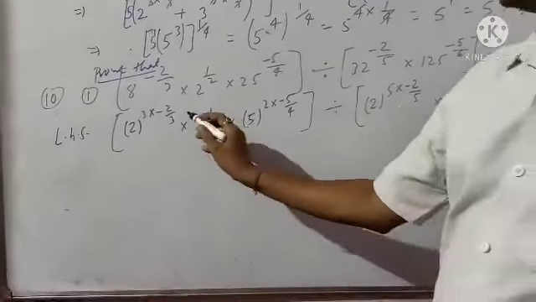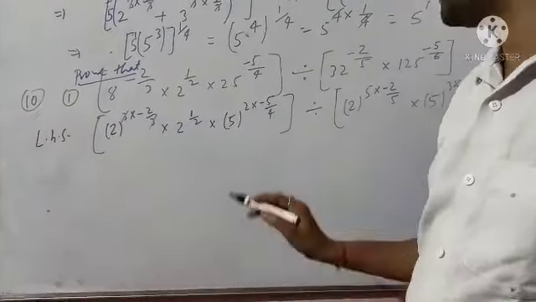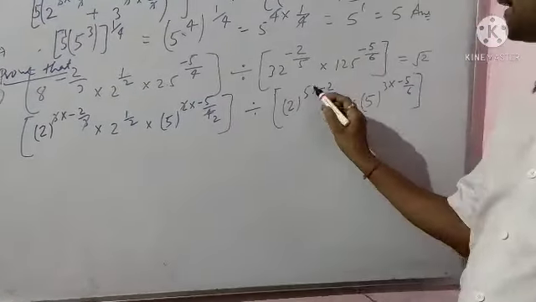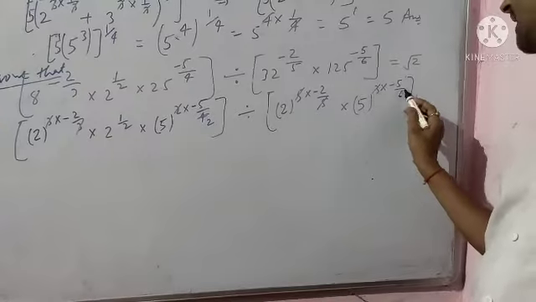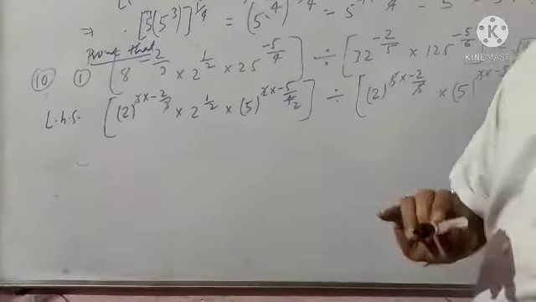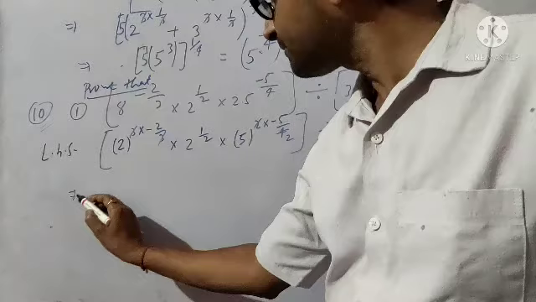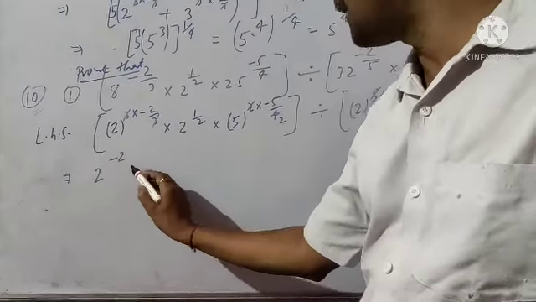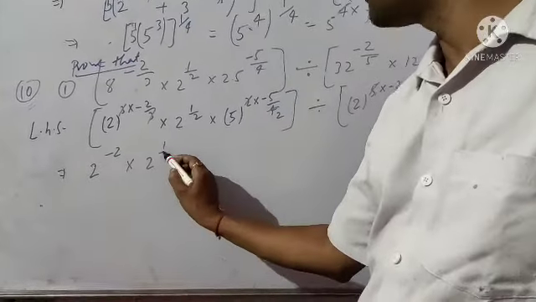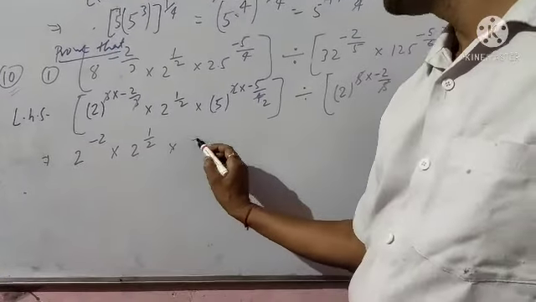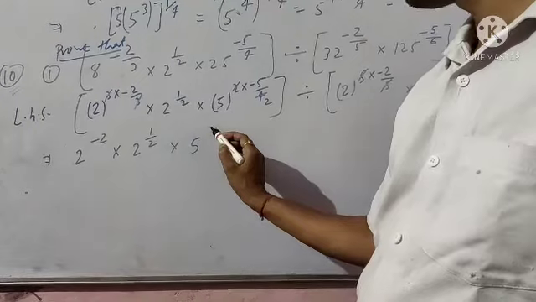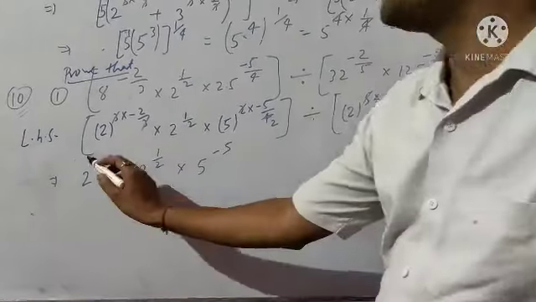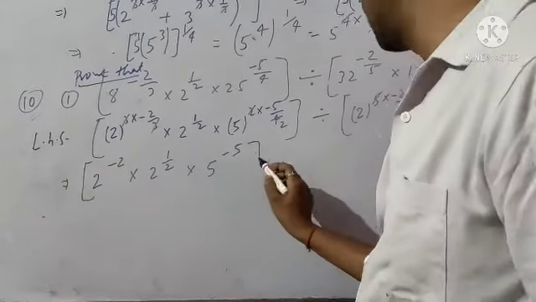Okay student, here 3 and 3 cancel. 2 2 ja 4. Here 5 and 5 are cancelled and 3 2 ja 6. Okay student, then 2 to the power minus 2, into 2 to the power 1 by 2, into 5 to the power minus 5, okay, 5 to the power minus 5, close bracket.